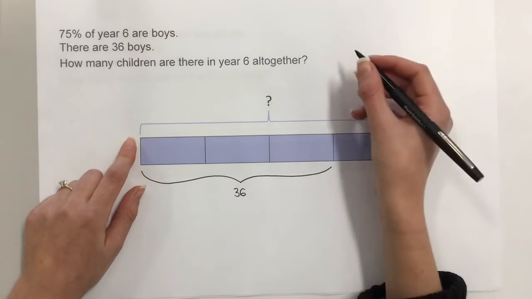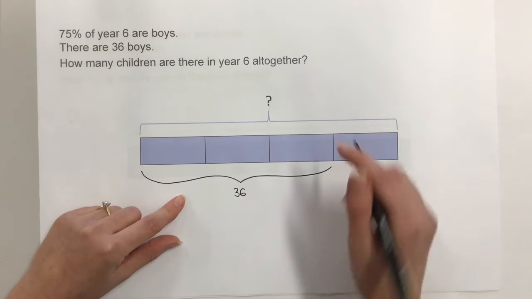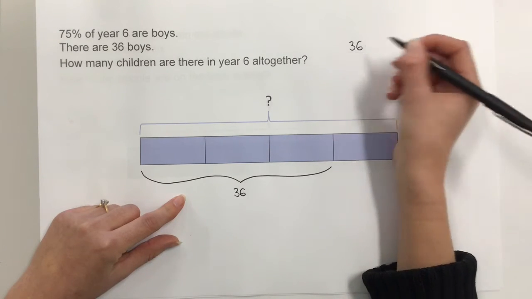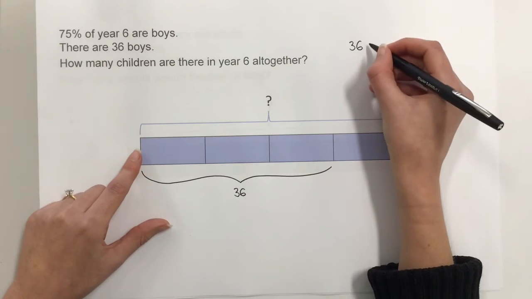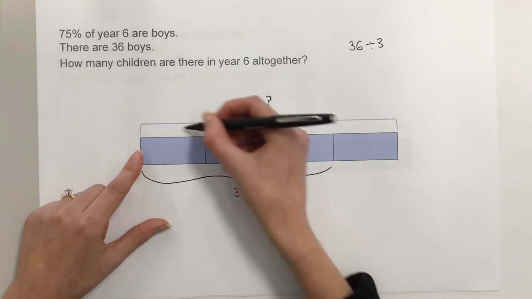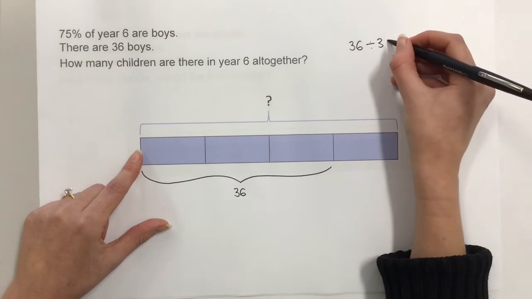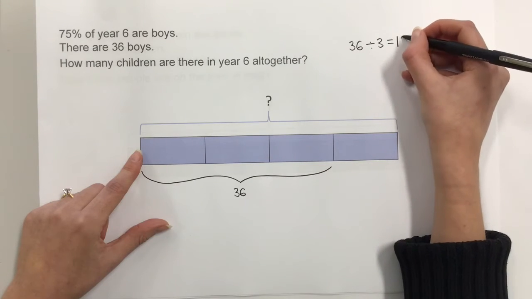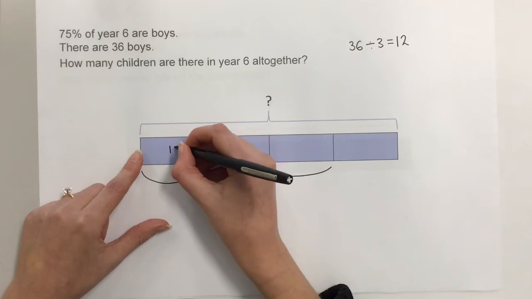Well, I can take what I do know, so 3/4. 36 is my 3/4, and I divide that by 3 to figure out what just 1/4 is. So 36 divided by 3 is 12. I'm going to label that.